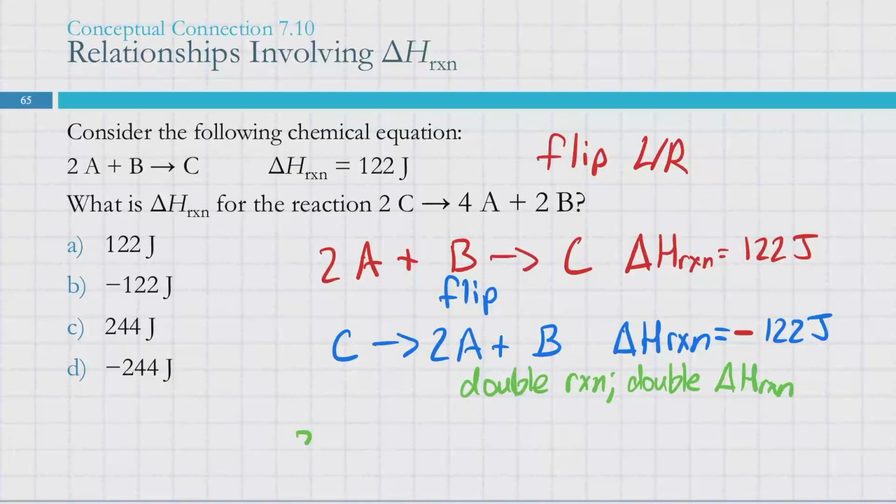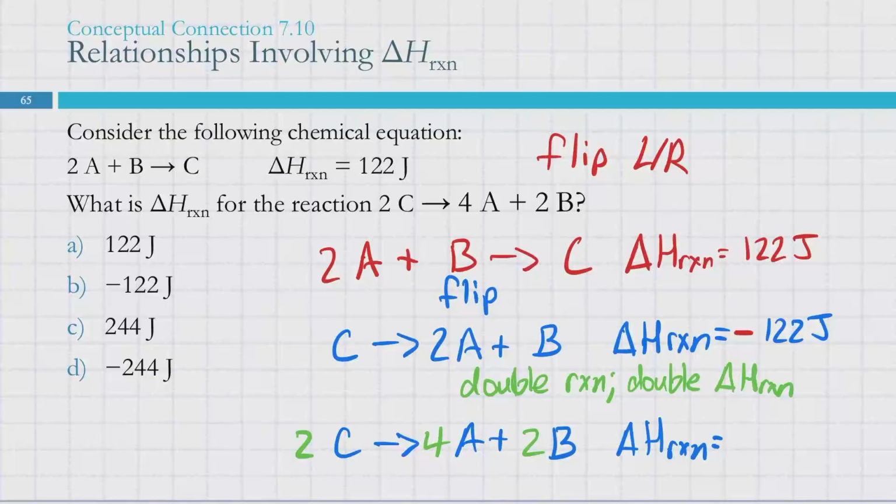So now it's 2C goes to 4A plus 2B, and our delta H of the reaction is still negative, but now instead of 122, it's 244 joules. So D would be the delta H for this new reaction.